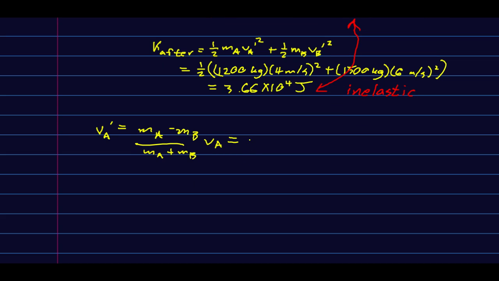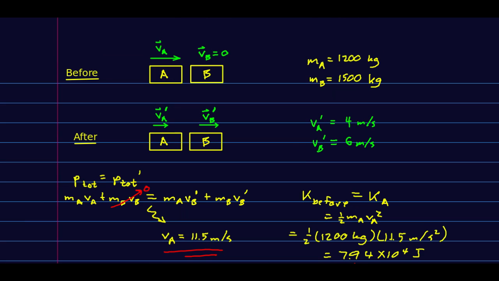And you'll find that v_A rebounds back the direction it was coming at about 1.3 meters per second. Whereas v_B prime now comes out to 2 m_A over (m_A plus m_B) times v_A, and again plugging in all those same numbers, you get about 10.2 meters per second.